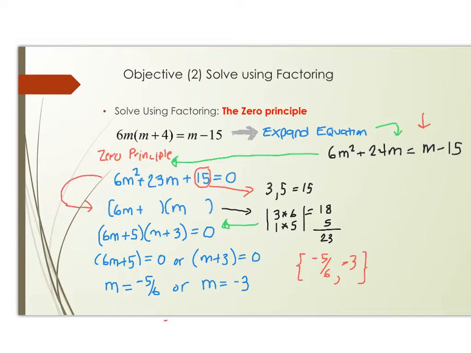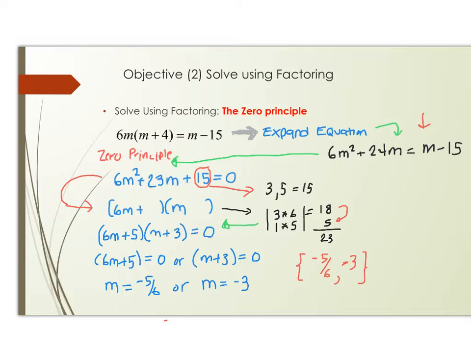We know one of the factors we think is going to be 6m and the other one's going to be m. And how we know that is because 3 times 5 is 15. And if we multiply 3 times 6, we get 18. And if we add 18 to 5, we get 23.